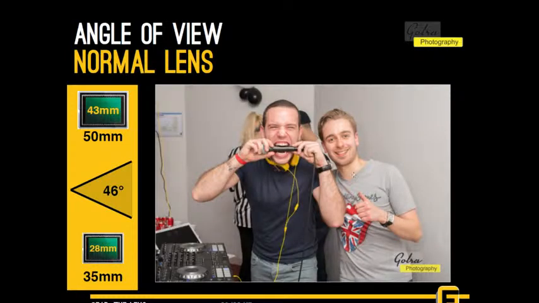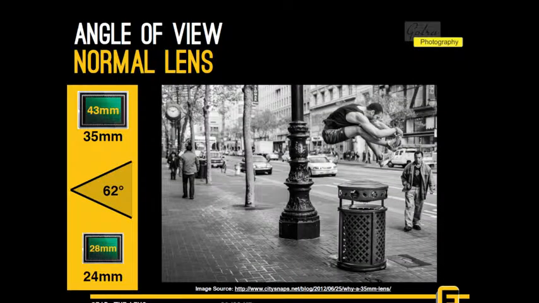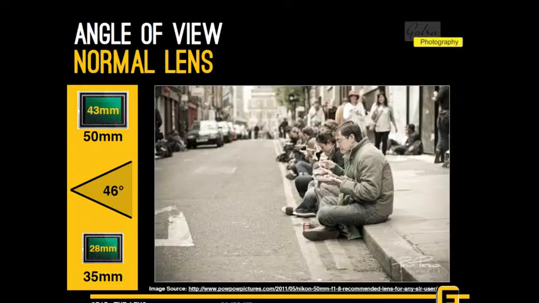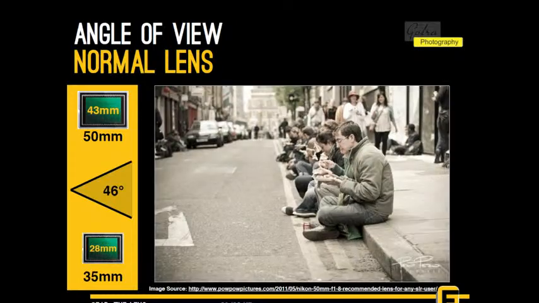Okay, now here, if you notice, this is all between 50 and 35, and everything seems more clear. Same result. Now here you will see that it is 62. Notice the footpath, just see how the line is going here.